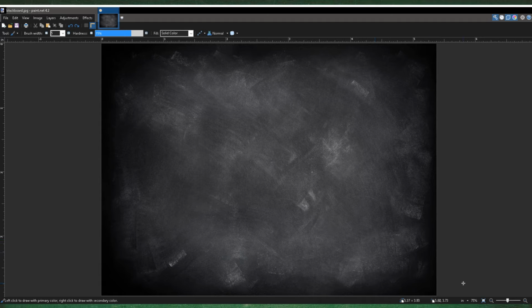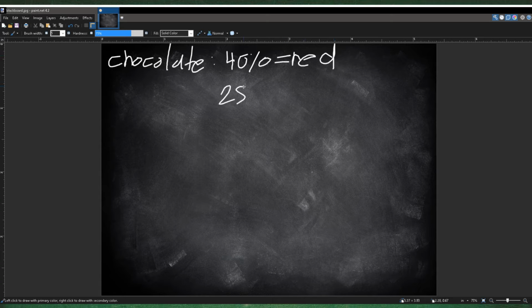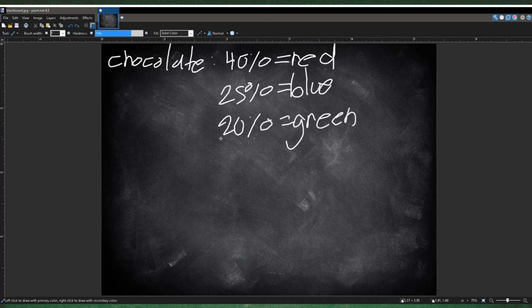So let's actually work on an example. Let's say some kind of chocolate company states that 40% of their chocolate is red, 25% is blue, 20% is green, and 15% is yellow.